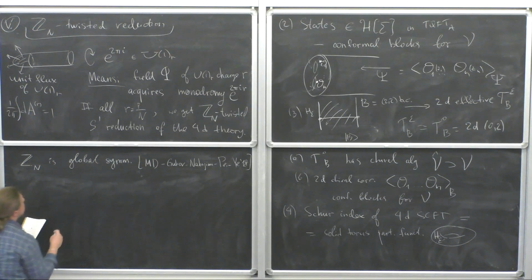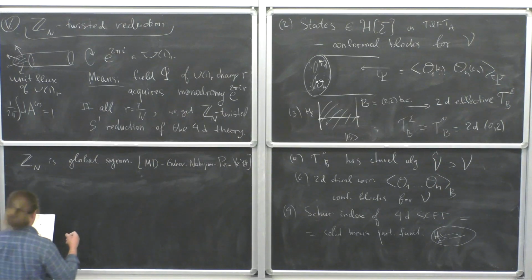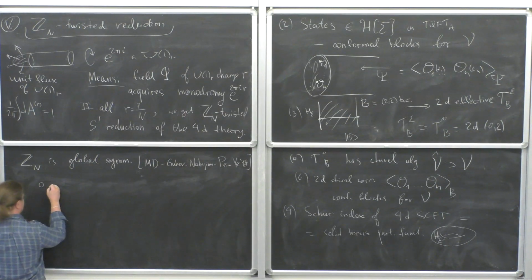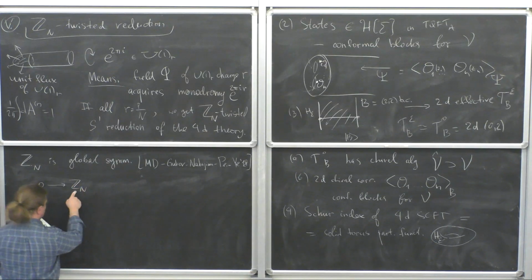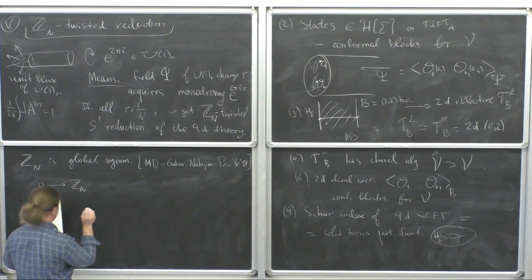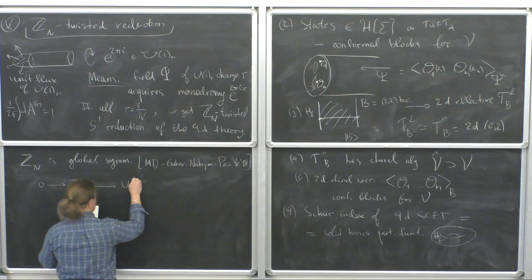in fact, this global symmetry extends the naive choice of U(1) little r, so you can write it in the form of the following short exact sequence. Let's think of Z_n additively, it's convenient for whatever purposes, but the rest are multiplicative.